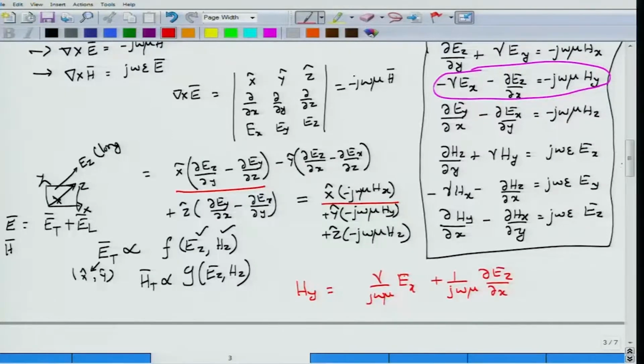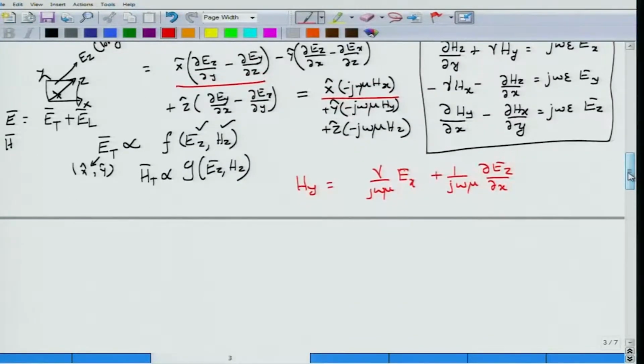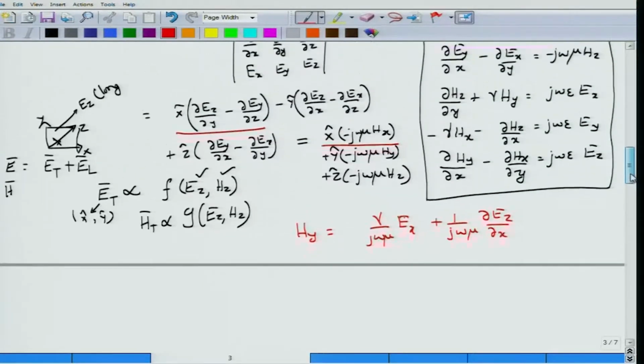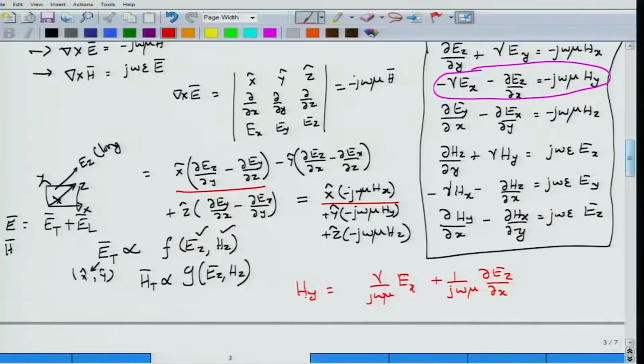I don't know how Ez varies with x, I only know how Ez varies with z. I know all the other components varying only with z. I don't know how they vary with x or y, but it doesn't matter. Now I know what is Hy. Is there Hy in the other group of equations? So there is Hy in this equation wherein you have del Hz by del y plus gamma Hy equal to j omega epsilon Ex.